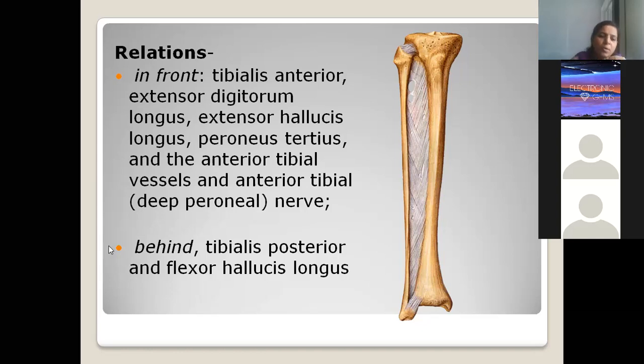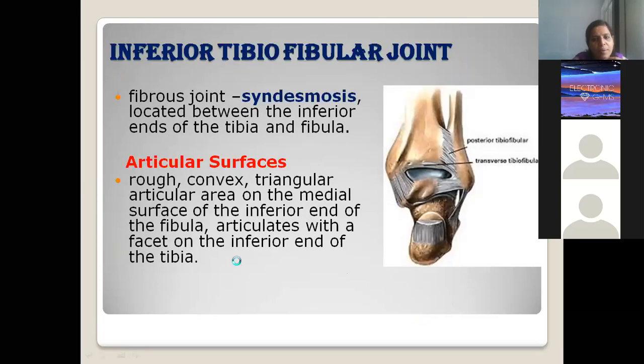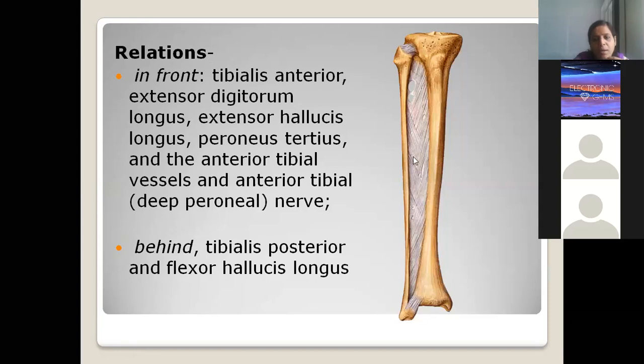Very good. So gastrocnemius, medial and lateral head, soleus, plantaris, deeper to which you will have, as you said, tibialis posterior, flexor hallucis longus, and flexor digitorum longus. Okay. So that finishes the intermediate joint between the tibia and fibula.